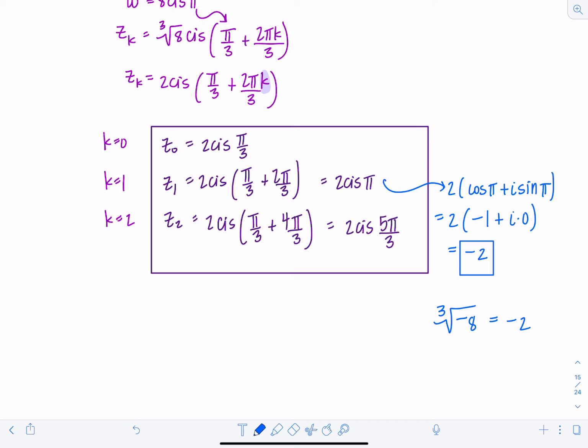But the whole point of doing this process is that if you want cube roots, you should have 3 of them. So there's one real one and the other 2 are imaginary. Or if I wanted 4th roots, there should be 4 distinct ones, and I'm going to have to involve imaginary or complex values in order to get them all. Okay? So just practice, and I hope you enjoyed the lesson on DeMoivre's theorem.